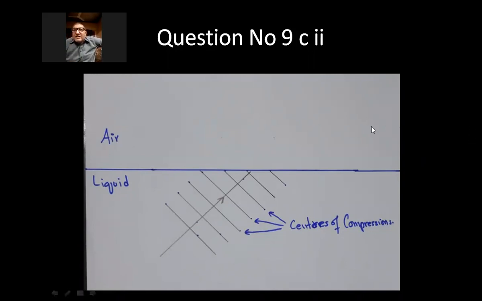These are the centers of the compressions, and they are basically the wavefronts. This is the direction line. This shows the direction of the wave, and this is the boundary between the air and the liquid. So this is the point of incidence. I will put a protractor here, and I will mark a normal at this point on the boundary.